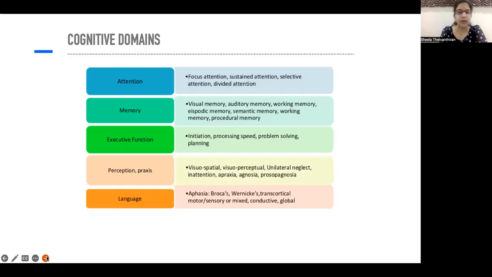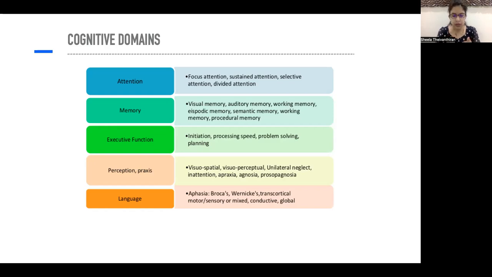The cognitive domains are 5 main ones: attention, memory, executive function, perception and praxis, and language. We'll dwell a little on each, just 1 or 2 slides each, so that you can understand better. Attention is divided into focus, like when you focus during a lecture, like now.